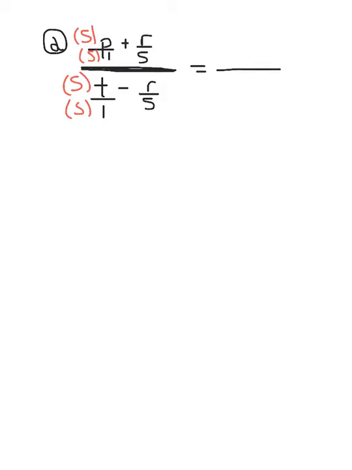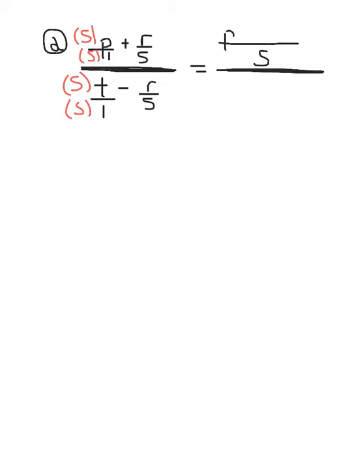I'm going to keep the big fraction line just like that. And let's look at what we have right here. So I have s now as the denominator. And in the numerator, I have sp or ps, however you want to write it, plus r. Okay? All right, so I have s as my denominator. And in my numerator, I like to go alphabetically.